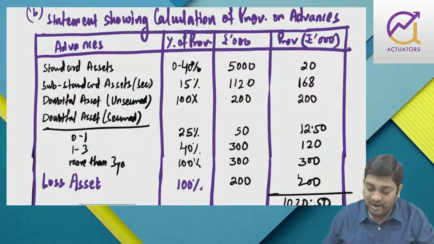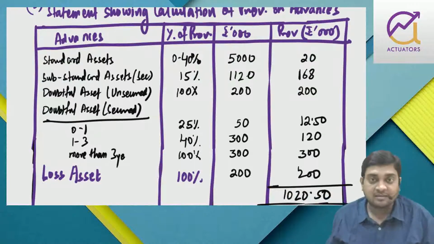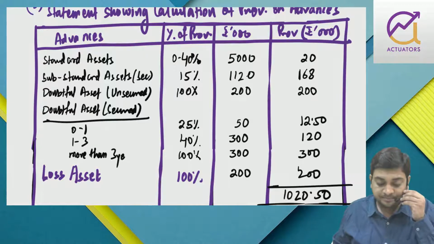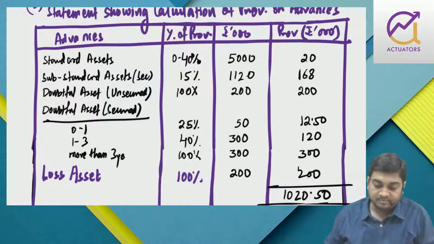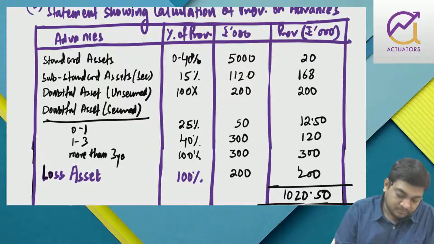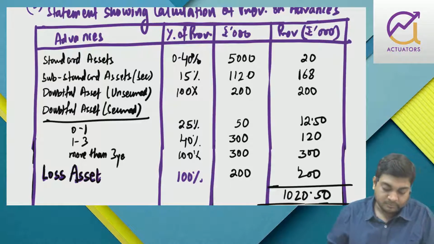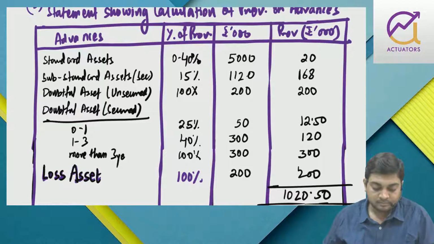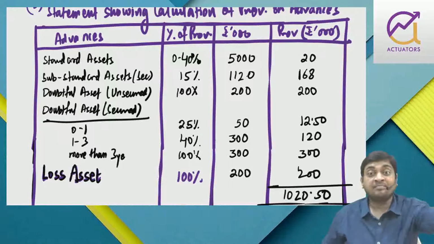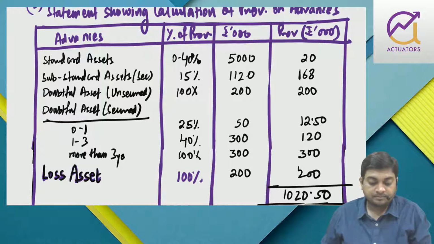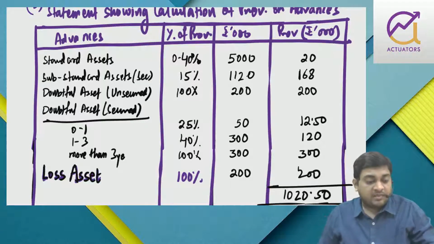But they have asked us separately in part B, so I am calculating this, which we have already done earlier. Is that fine?